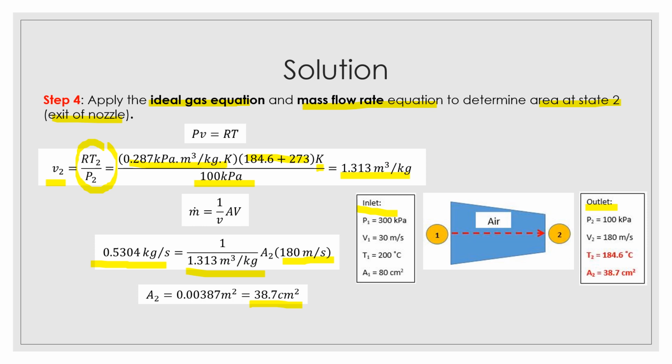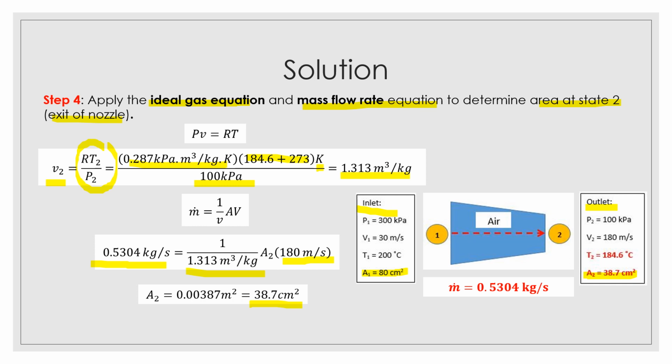We check at the area. The area 2 or the exit is 38.7, which is lesser than the A1 or area 1, 80 centimeter square, meaning that we are answering in a logical manner in the form of the characteristic of the nozzle.